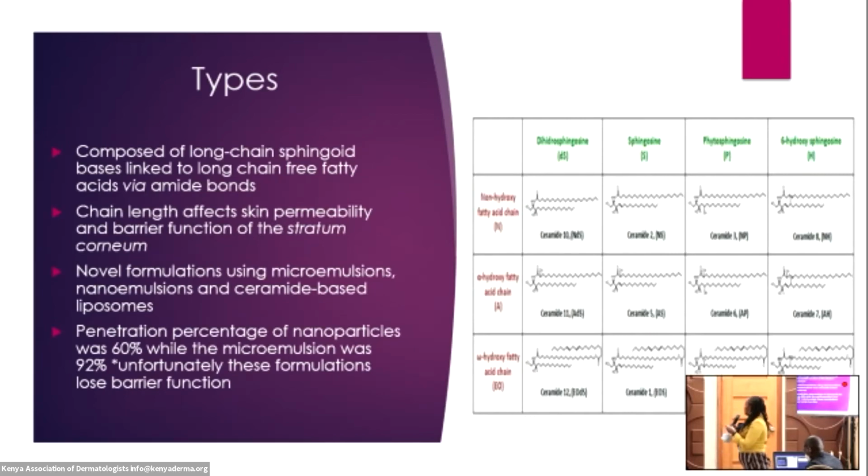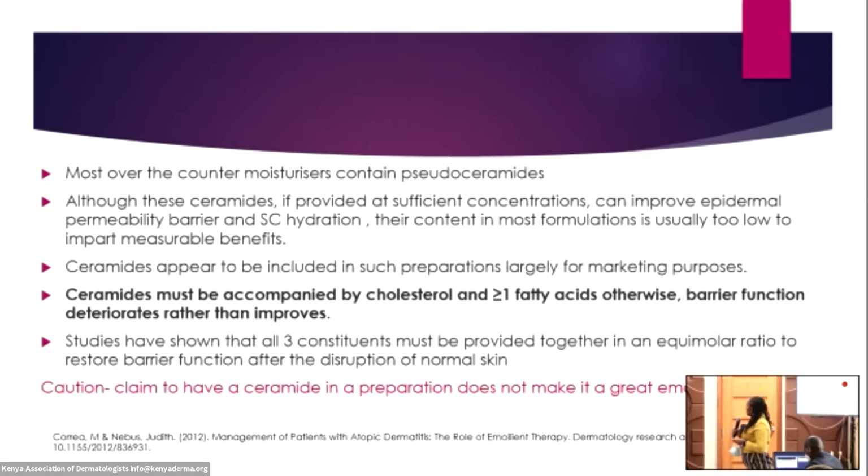So we have different types of ceramides, and that's an image that just shows the different molecular forms that exist. And most of the over-the-counter products that we currently have contain what we call pseudoceramides, which I told you are synthetic products. So if provided in enough quantity, the pseudoceramides can work just the same as the natural ceramides.